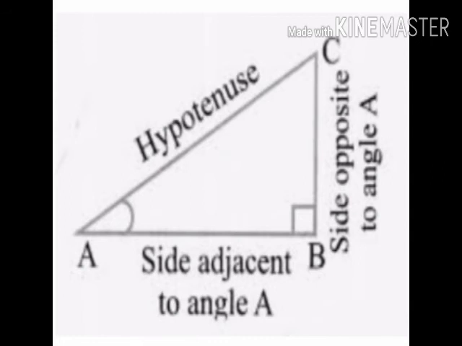Now look at the side BC. BC side is opposite to the angle A, isn't it? So BC is the opposite side with respect to angle A. Now listen, the AC side, it is the slant height. It is always called hypotenuse. So the side opposite to 90 degrees is the hypotenuse.